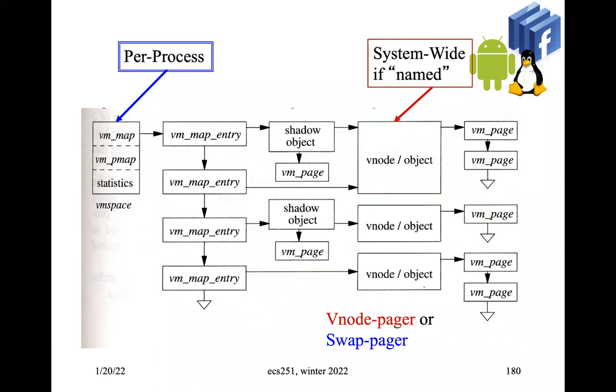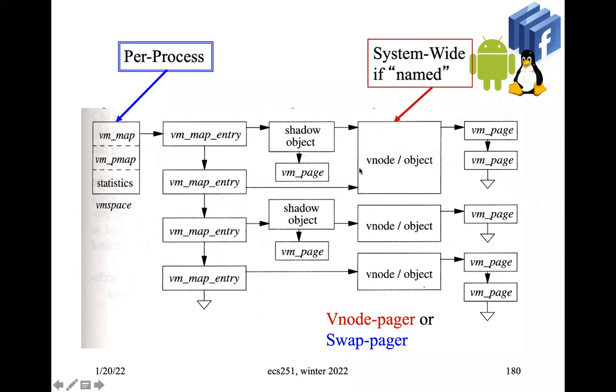Then you have what we call the vnode object, because each map represents a lot of memory. For example, if this is the operating system kernel, then all the pages related to your operating system kernel file are allocated in this particular range.